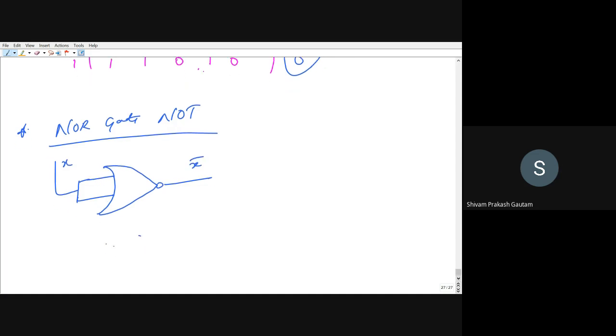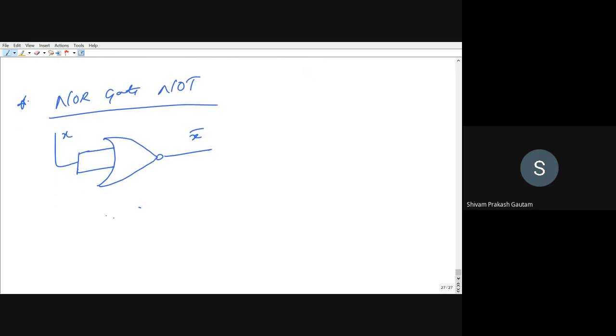Okay. So till now, we have seen the NAND gate and the NOR gate. I'm revising it for you. For the NAND gate, the expression was X is equal to AB whole bar. For the NOR gate, the expression was A plus B whole bar. Just see, it is whole bar, right?